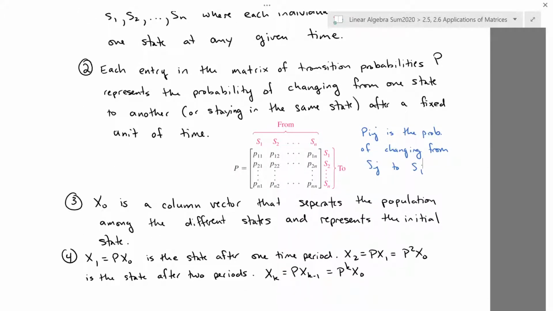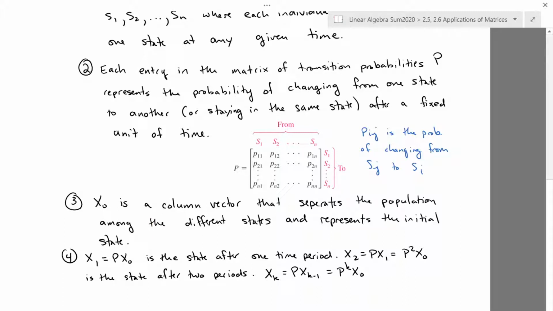And the third part of the setup is that we'll have a column vector, which we call x0, which we'll call the state vector. And the entries in the state vector are how the population is divided among the different states. Right, so there's n states, so there should be n entries in the state vector.